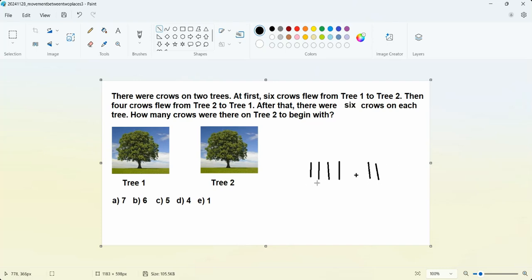So if I ask you how many people were there before the guests came in, we'll see six people who are already there minus two guests, and then we'll find four people who were originally there. So if we are trying to find a number before an addition happened, then we do a subtraction.